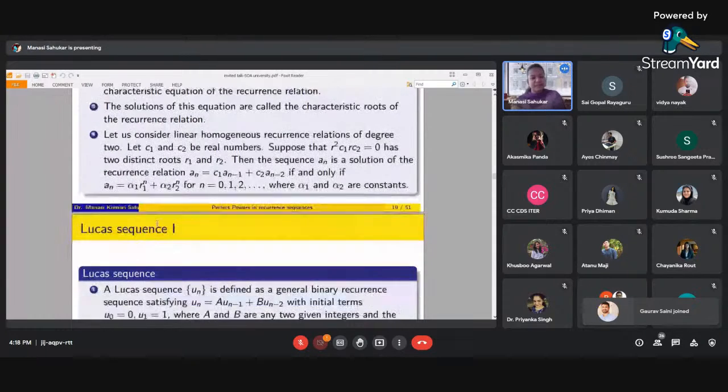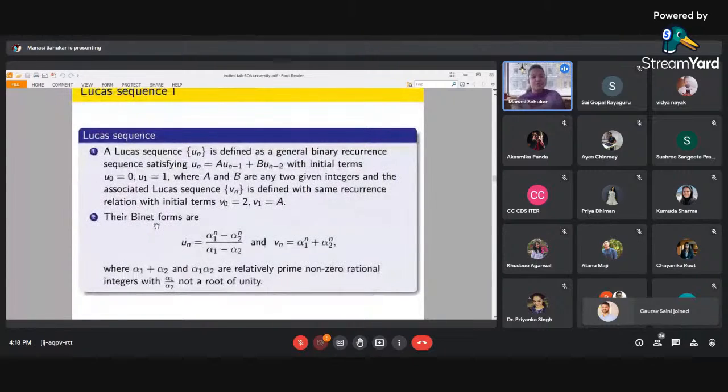I'll give one example that will be better for you. If you pick a Lucas sequence, that is a specific sequence for the binary recurrence sequence. If you pick the initial terms u0 as 0 and u1 as 1, that is called a Lucas sequence. Binary means you use exactly the previous two terms to find the nth term.